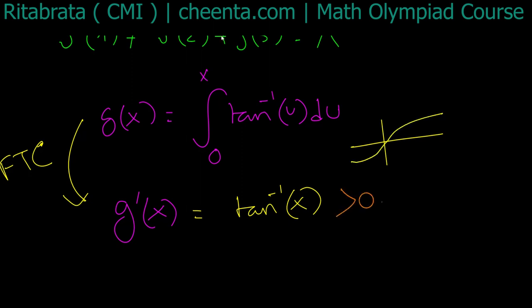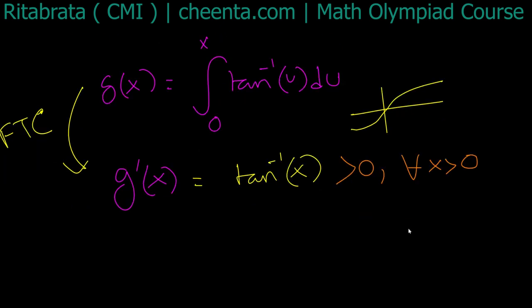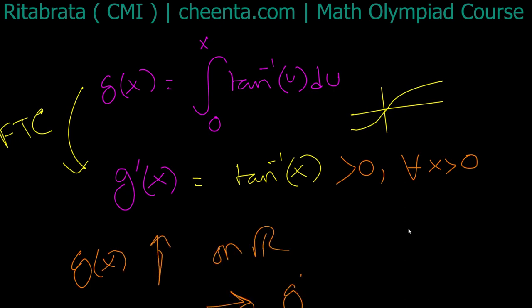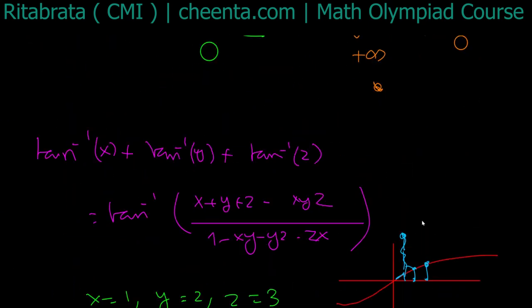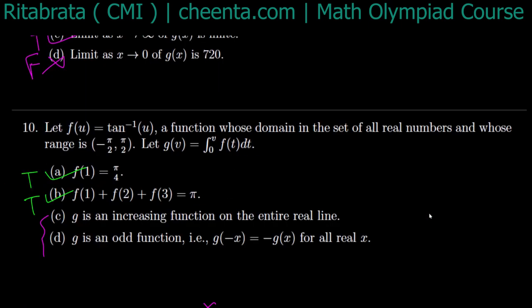It is greater than 0 for all x greater than 0. For x less than 0, g dash x is less than 0. If g was strictly increasing on the whole real line, g dash x would be strictly greater than 0 at least. But here g dash changes sign: for x less than 0, g dash x is strictly less than 0, and for x greater than 0, it is strictly greater than 0. So this statement is false.